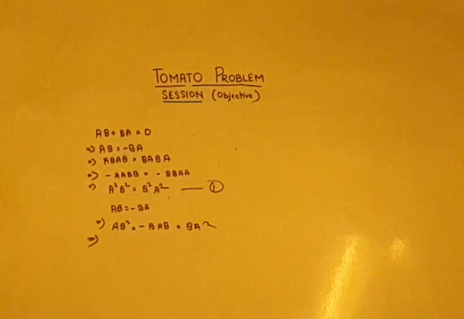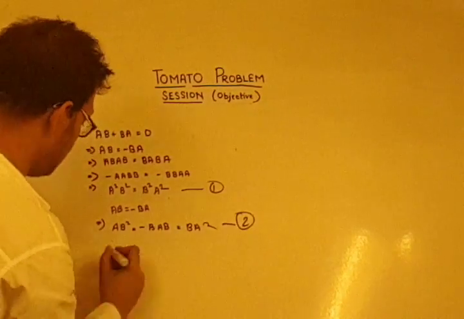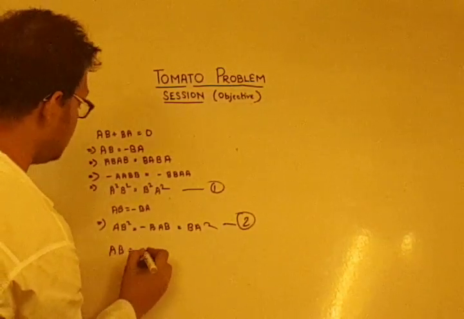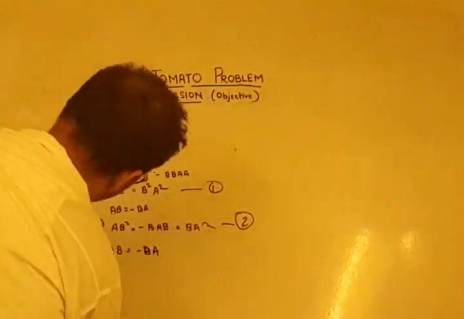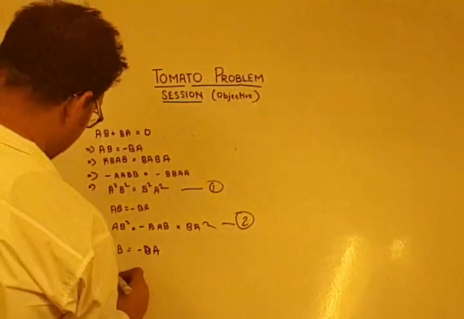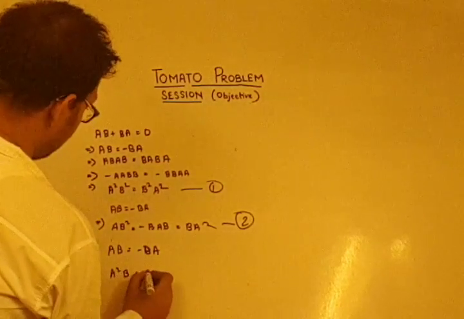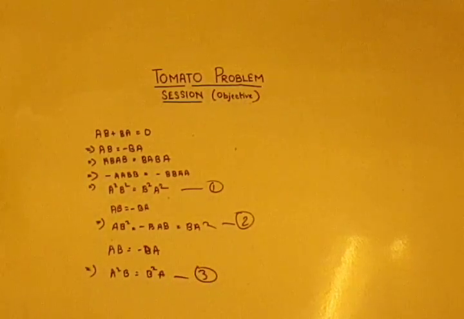This is a very long manipulation; I name this equation 2. Now AB equals minus BA, and by similar logic I get from this relation again A squared B equals B squared A. I name this equation 3.